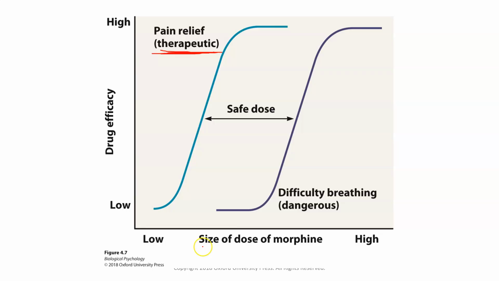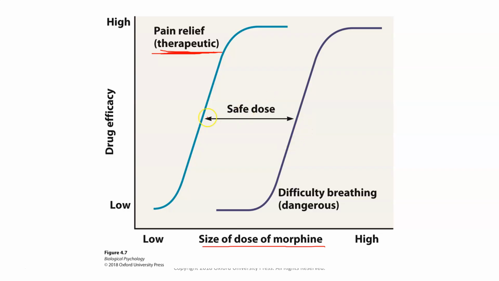This particular chart is using morphine as an example to illustrate the drug's effectiveness. In order to produce pain relief, right, most drugs, when we increase the dose, produce this S-shaped curve. So this S-shaped curve is what we see for pain relief, which is often what morphine is used for. But too much morphine can actually kill you, and it can produce difficulty breathing, right? Which may slow down your breathing to the point where it kills you.